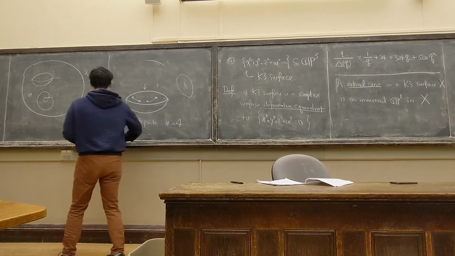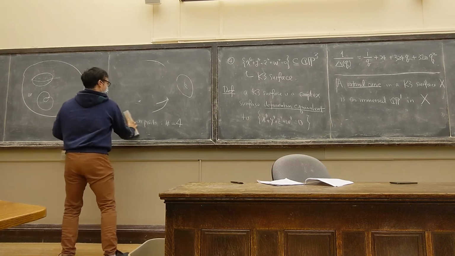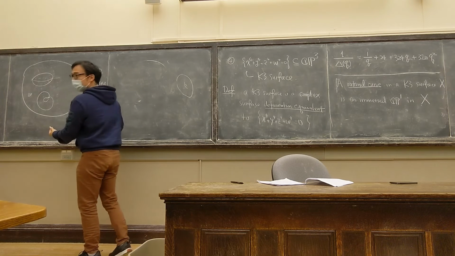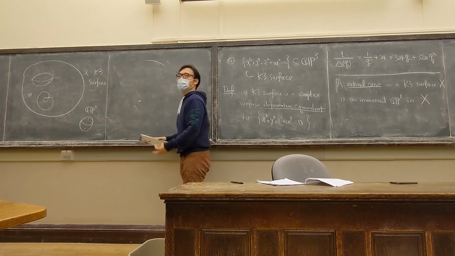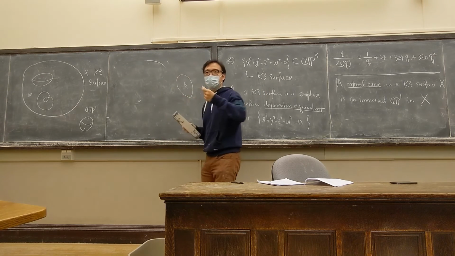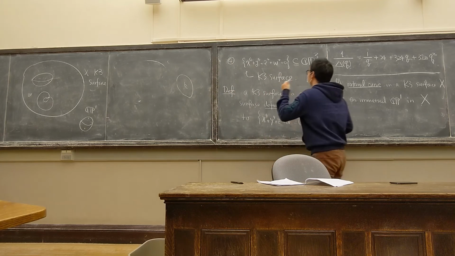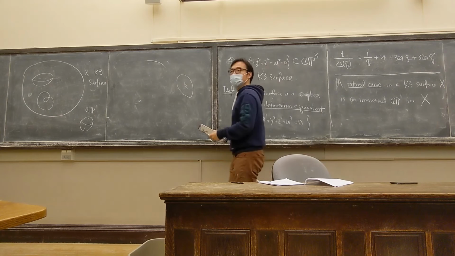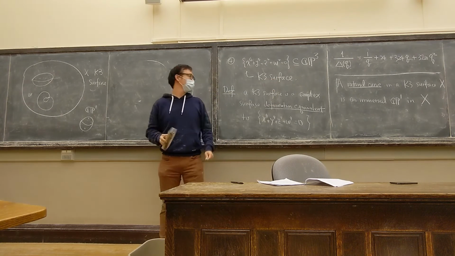Namely, we want to count some specific immersed CP1, or specific rational curves, which are indexed by some integer. And when you make this integer vary, you actually get infinitely many numbers, which will correspond to these infinitely many coefficients of this modular form.